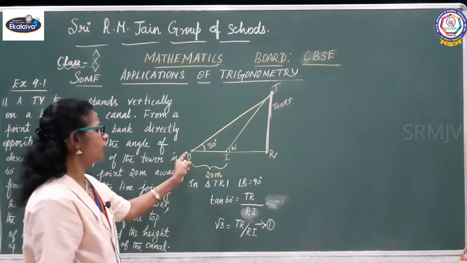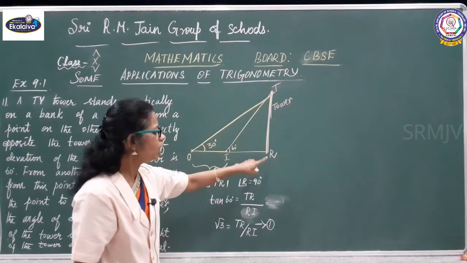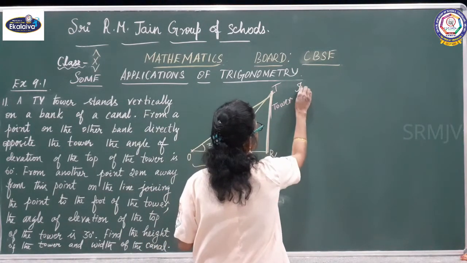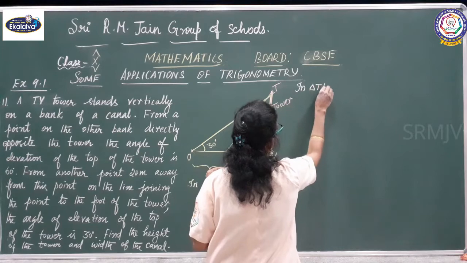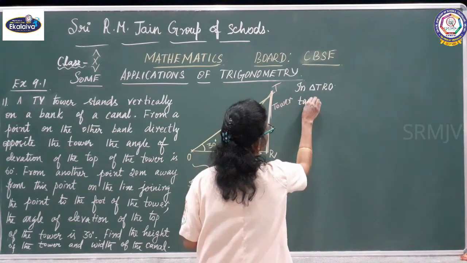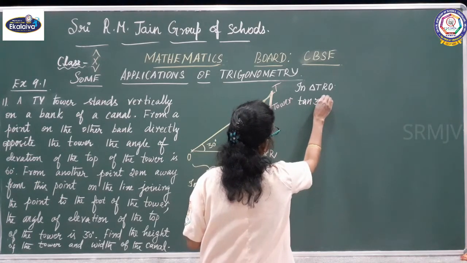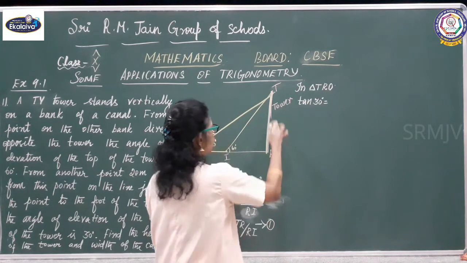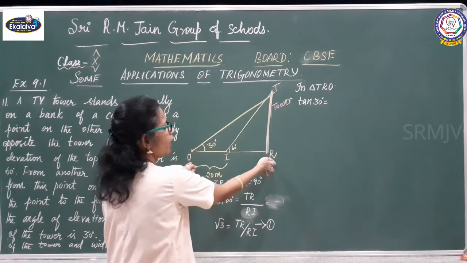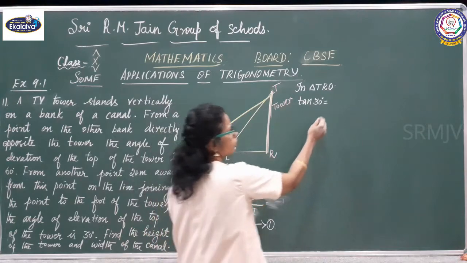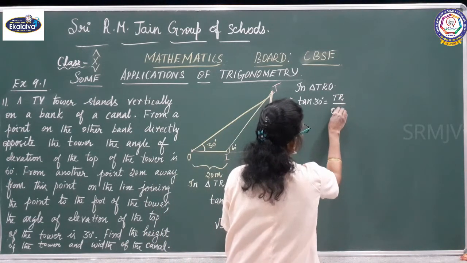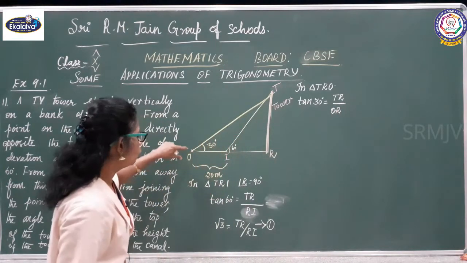Now you pass on to the next triangle TRO. In triangle TRO, tan 30 degree equal to TR, that is opposite, divided by adjacent OR, right? TR divided by OR. OR is what?